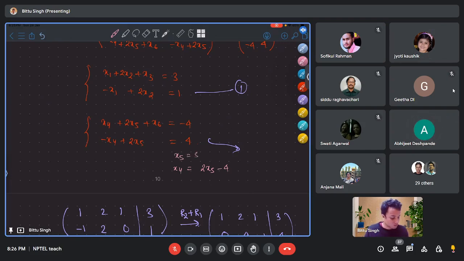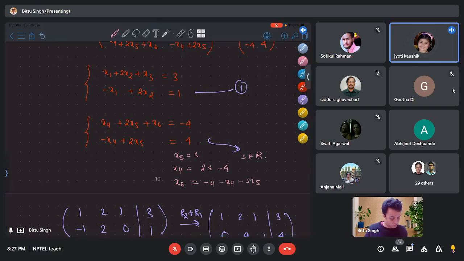By the same reason, set a variable to be free. That is, s is any real number. Then x4 is the same as 2s minus 4. And what will x6 be? x6 is minus 4 minus x4 minus 2x5.